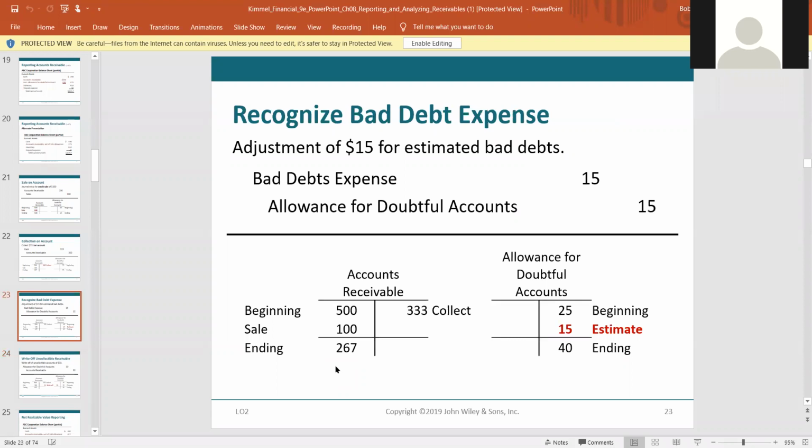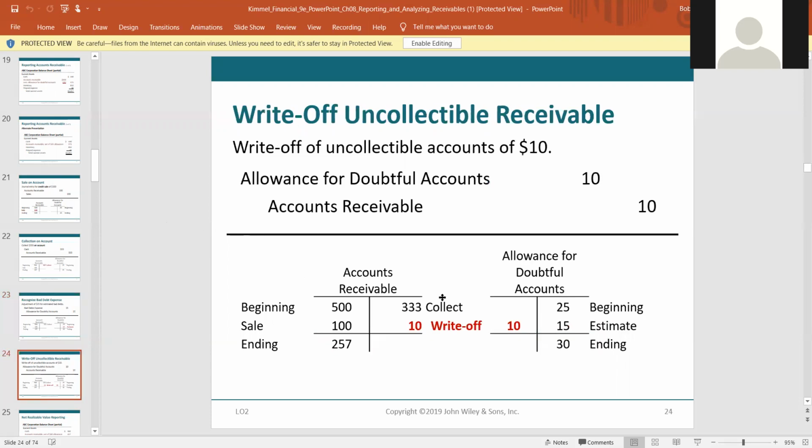Another way to try to learn it is if you see a credit to allowance for doubtful accounts, the debit is automatically bad debt expense, no exceptions to that. If you see a debit item on allowance for doubtful accounts, you know the credit is accounts receivable. So try to get familiar with how the allowance for doubtful accounts plays into the whole chapter.